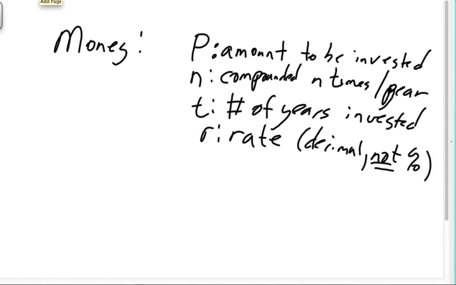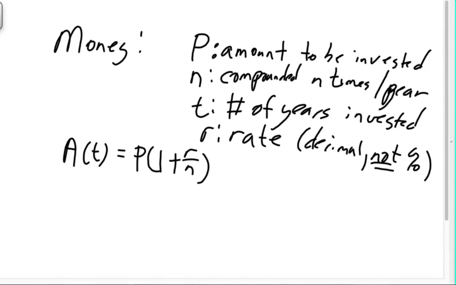So if we're compounding something, then the amount of money you're going to have after T years will be your principal times (1 plus R over N) to the NT. We talked about this in Algebra 2.